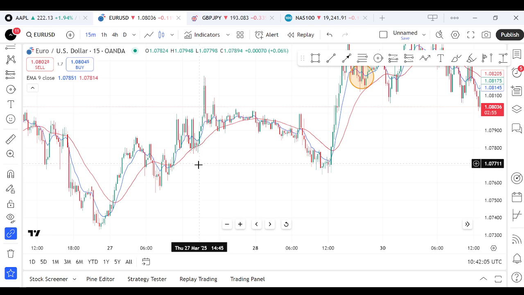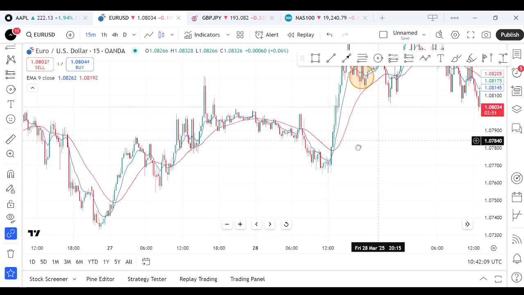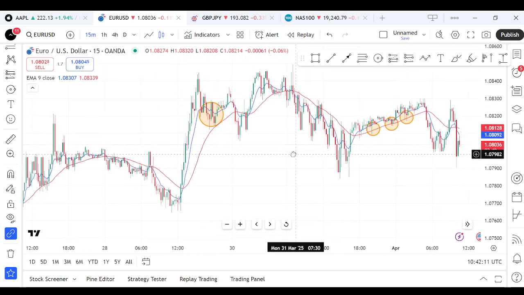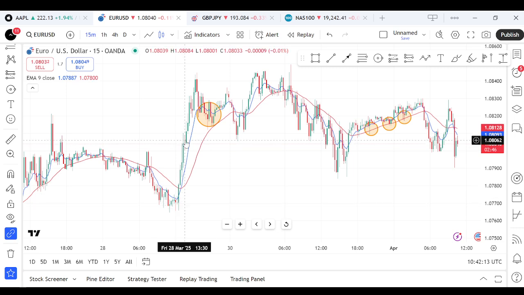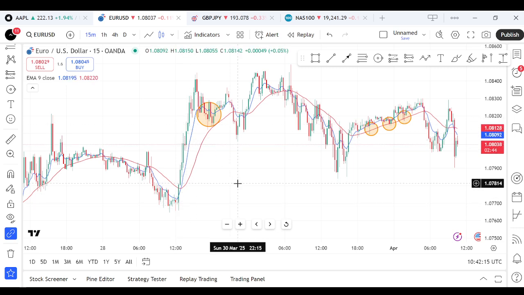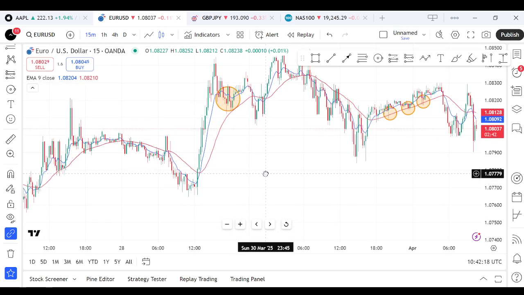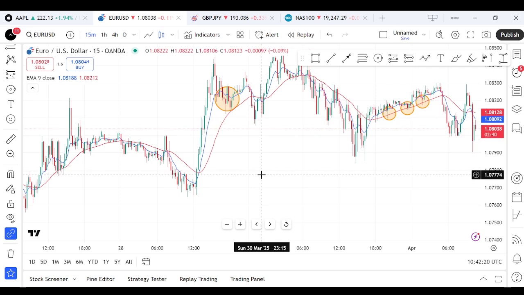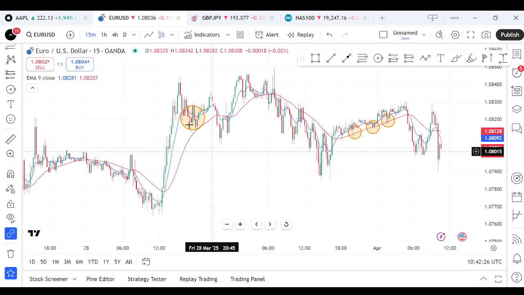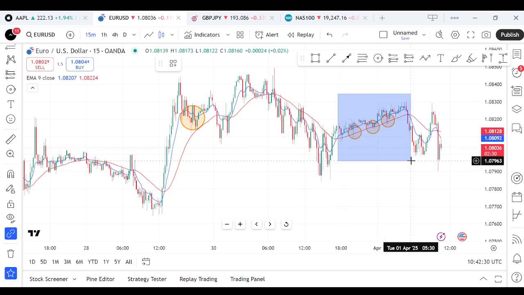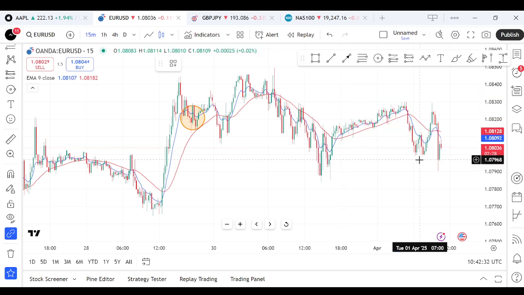By observing how these EMAs interact, such as crossing over each other, or using them as dynamic support and resistance, and also price going above or below them, we can trade the markets and scalp using the EMAs. So this strategy thrives in trending markets where quick decisions are very necessary. It's scalping, so we are trading fast moving markets.